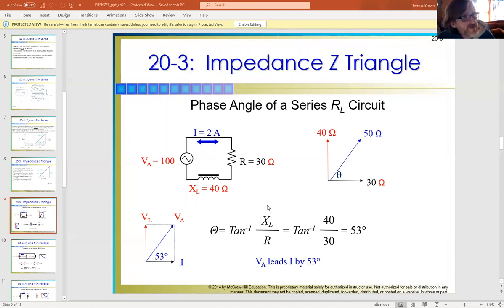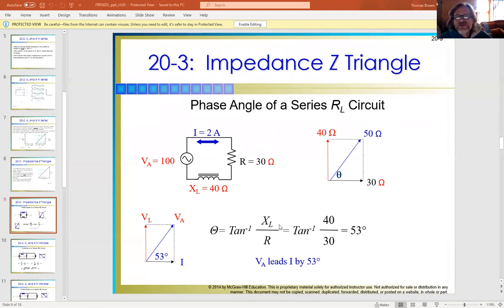So, and these are on your formula sheet as well. So if we were to take a look, we would have the inductive series circuit, and we would have our formulas, what we're looking for, what phasor diagrams we want to go ahead and use. So we should be used to seeing this little fun one down here, where theta, the angle, is equal to arctangent of the inductive reactance over the resistor.